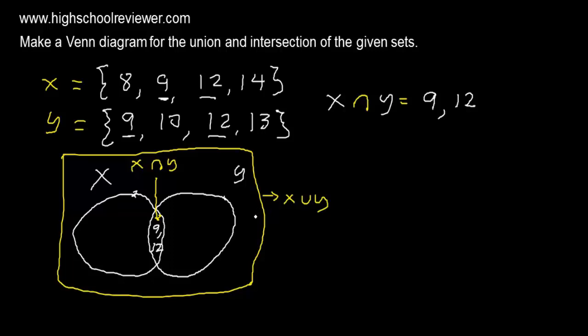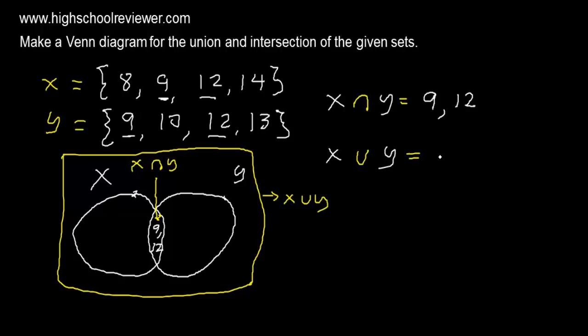And we will now get the union of X and Y. The union of X and Y is all the elements, provided that we will not write more than once those elements that are present in both sets.